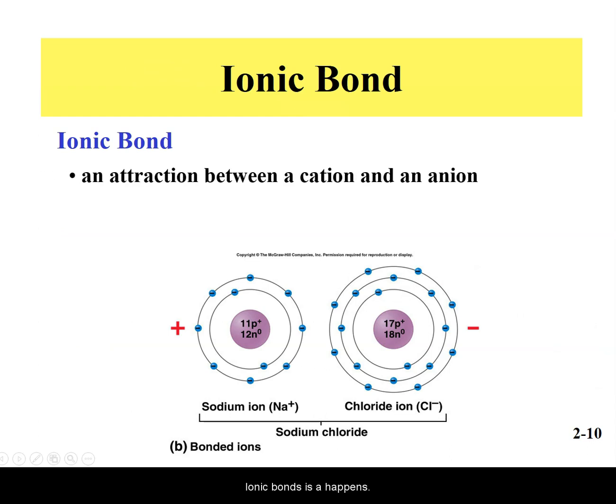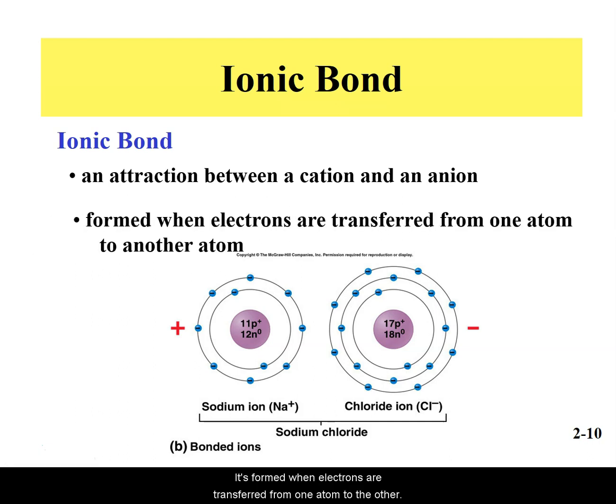An ionic bond is formed when there is an attraction between a cation and an anion. It's formed when electrons are transferred from one atom to another. Sodium was very volatile.